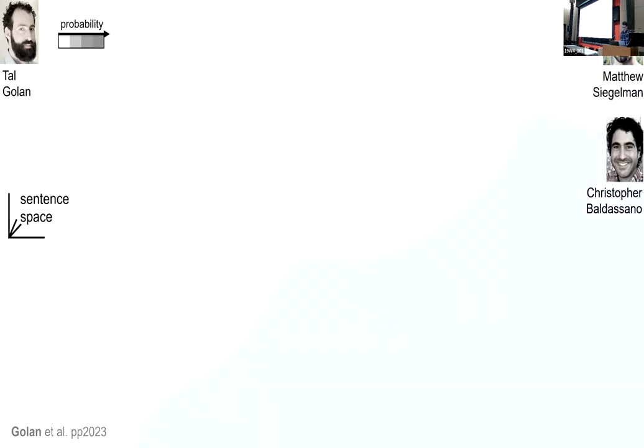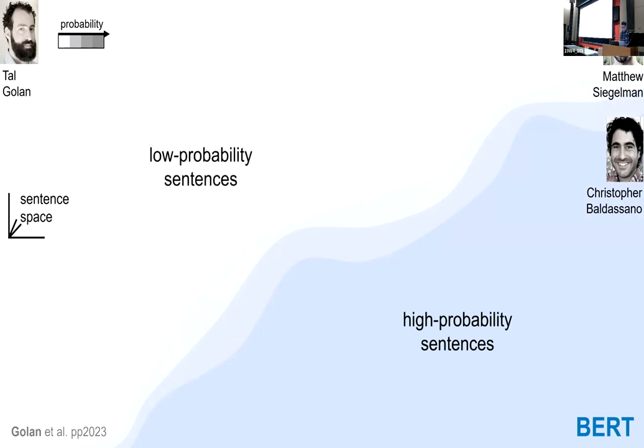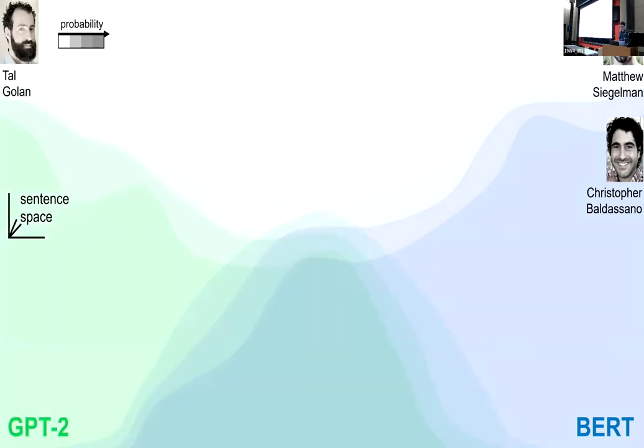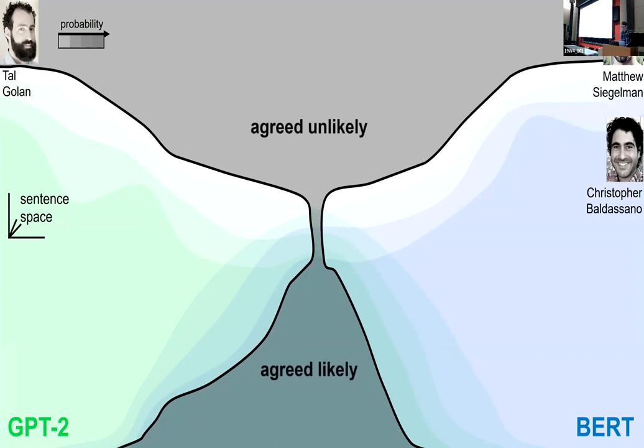So what we do with controversial stimuli is consider the probability space of sentences, where each model assigns high probability to some sentences and low probability to other sentences. So BERT will have some distribution over sentence space, and GPT-2 will have some other distribution. And then we have this region here where both models either agree that a sentence is likely or agree that the sentence is unlikely.